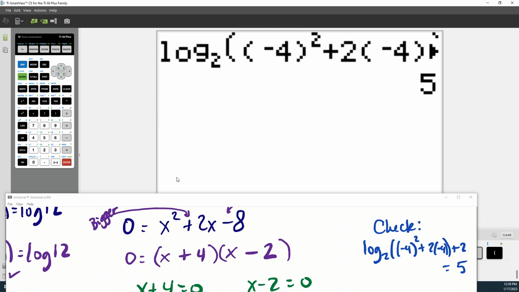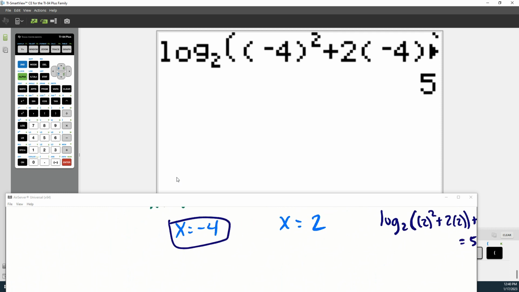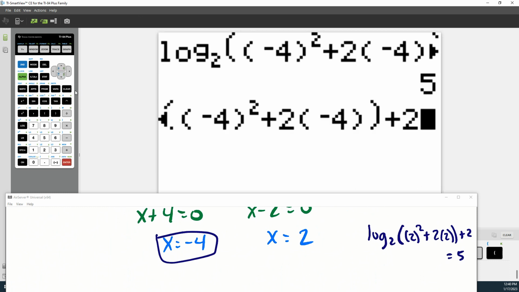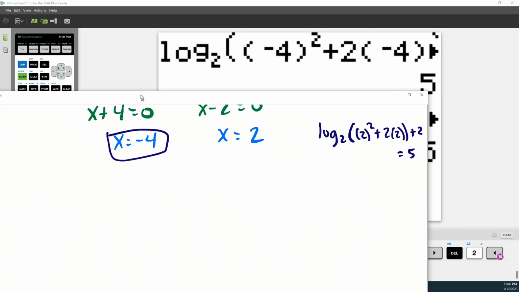And we do get 5, so that works. All right, it looks like they both work.